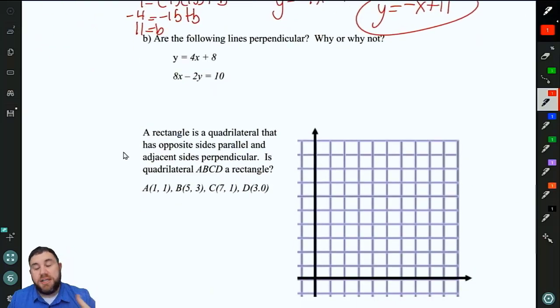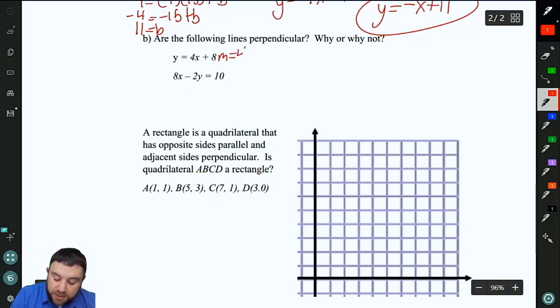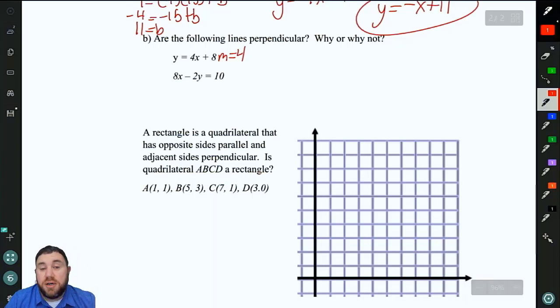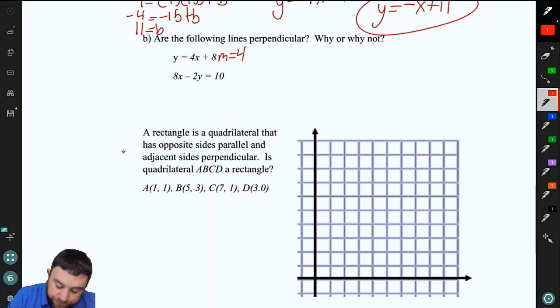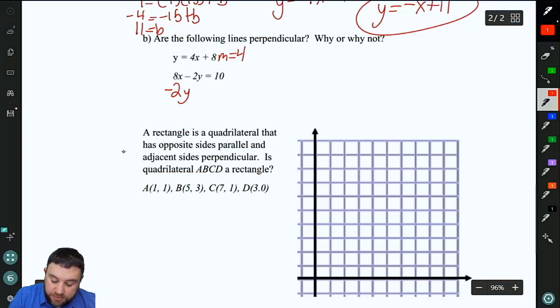For 2b, just like we did before, we want to determine if the slopes are opposite reciprocals. For the first one, we've already got m equals 4 because it's already in slope-intercept form. For the other one, we will move our x's over, so negative 2y equals negative 8x plus 10.